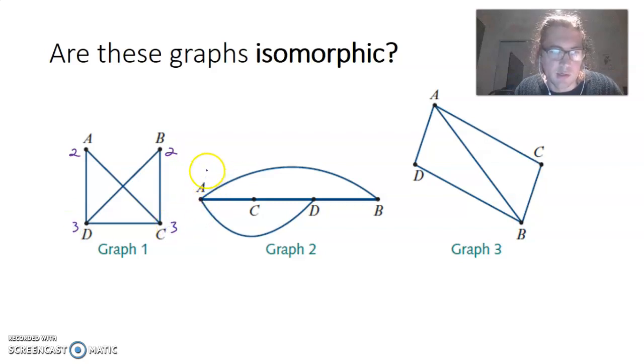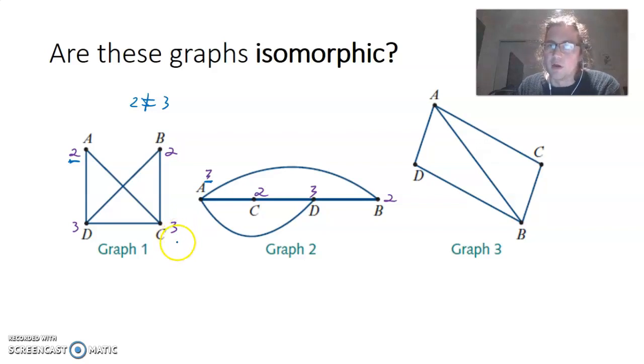A in this one has degree 3, C has degree 2, D has degree 3, and B has degree 2. And so you can immediately see that A here and A here are different. 2 is not equal to 3. So graphs 1 and 2 cannot be isomorphic because they've already got vertices with different degrees.